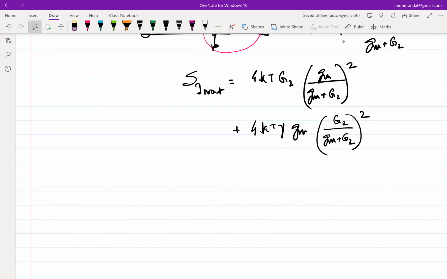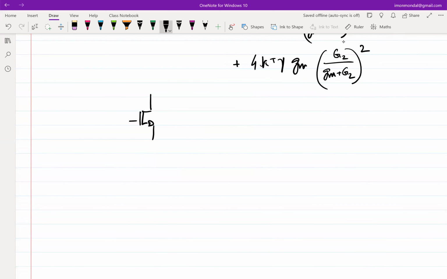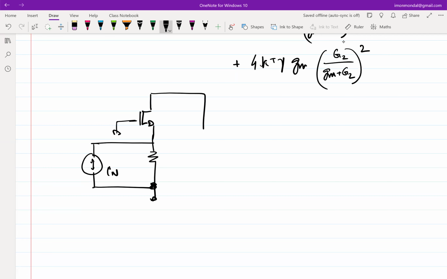So I'll have to go back to the model and again null all the current sources inside the box. And I assume that there is this IN that flows here. I will find out IN out in terms of IN and equate it, right? So what will be this IN out in terms of IN?